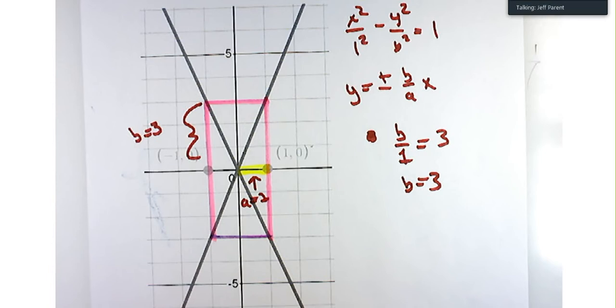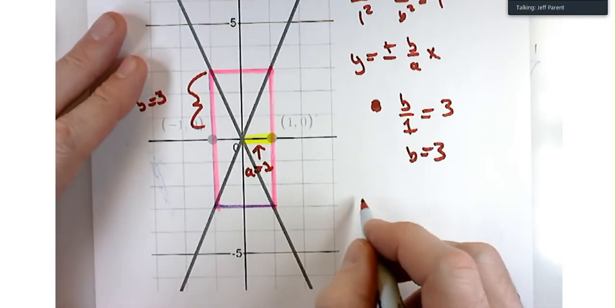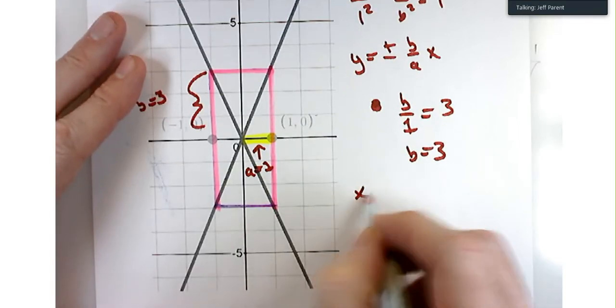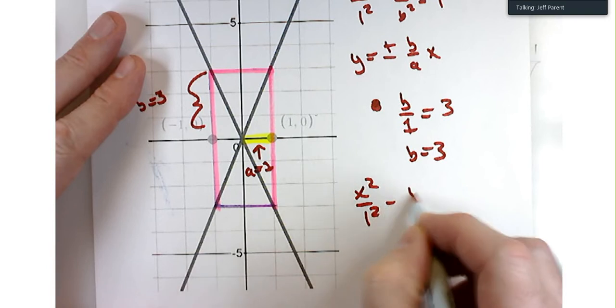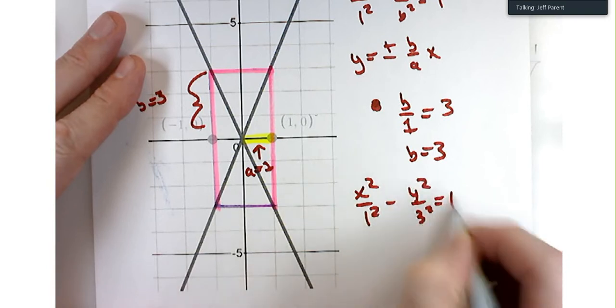All right, last but not least, let's figure out the foci. Well, we've already got the equation of the asymptotes, so we should be pretty good there. But let's determine the foci. So our equation is x squared over 1 squared minus y squared over 3 squared equals 1.